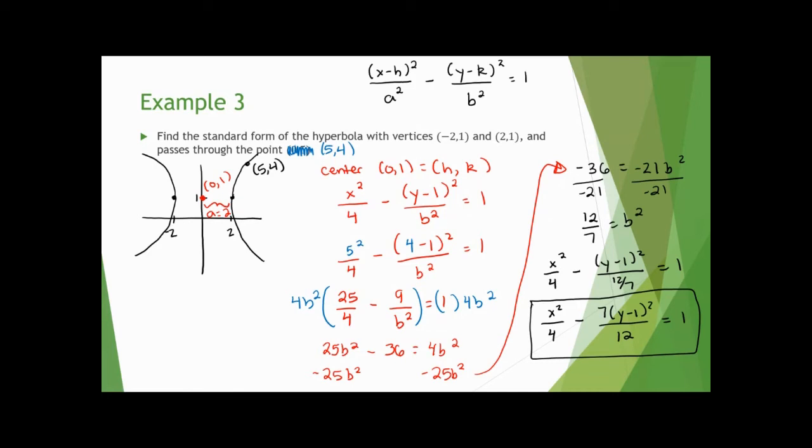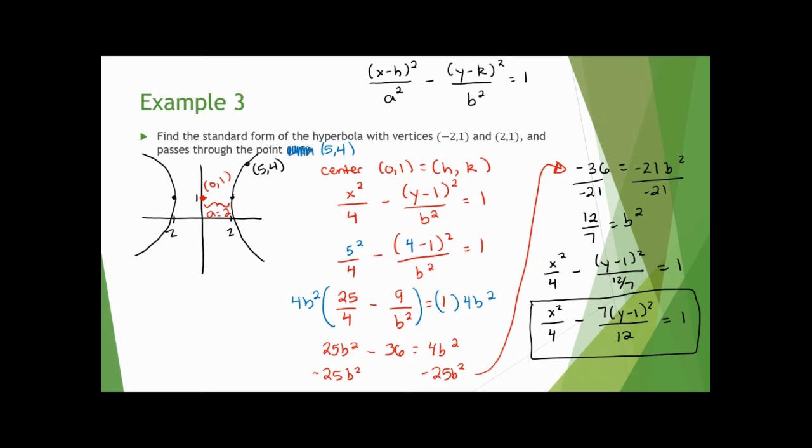Okay, so we have y minus 1 squared divided by 12 over 7. When you're dividing by a fraction, you're multiplying by the reciprocal. So that means we're multiplying by 7 over 12. So y minus 1 squared times 7 over 12 means that you're multiplying the 7 by the y minus 1 squared, and then your denominator is now 12 because you're multiplying by 7 over 12.